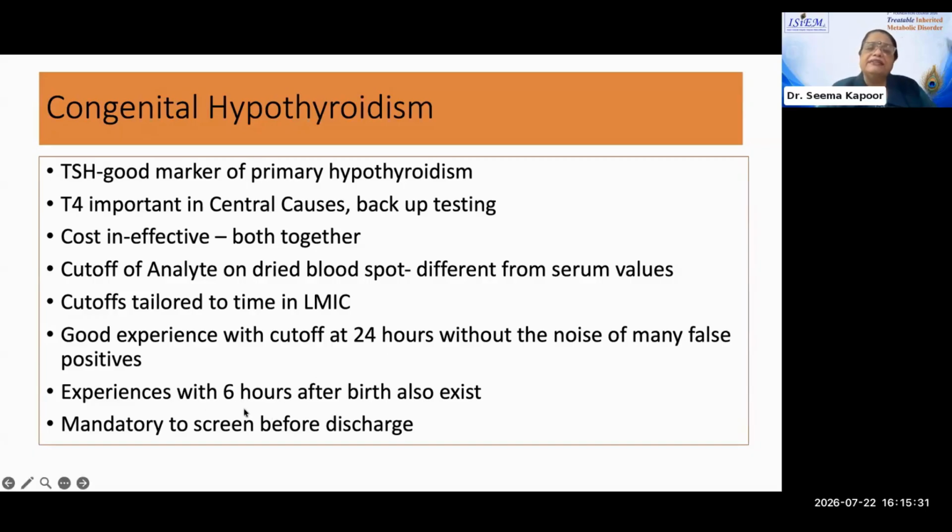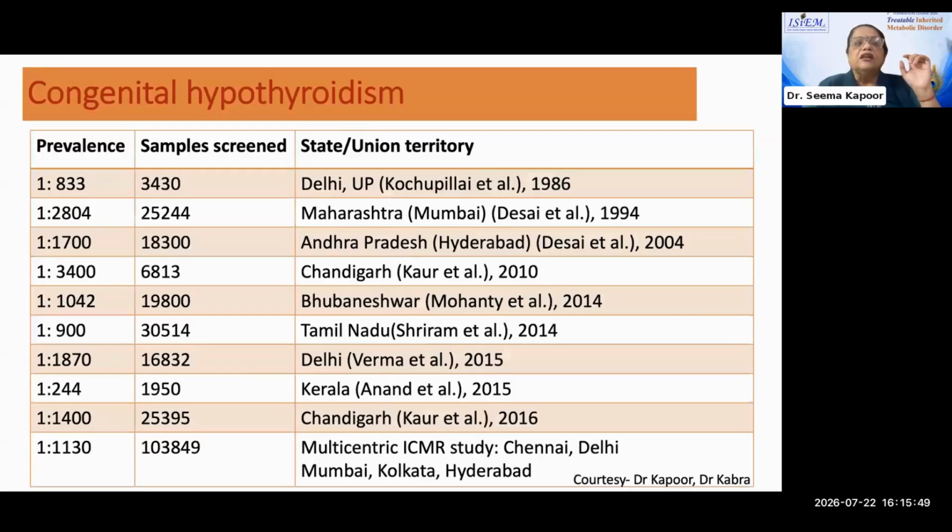You would be surprised that there is a state in the US called the state of Texas. It does the screening at 6 hours of life, and it is mandatory to screen all babies before discharge. For congenital hypothyroidism, the prevalence varies between 1 in 2000 and 1 in 1000.